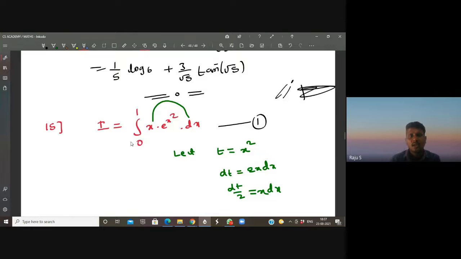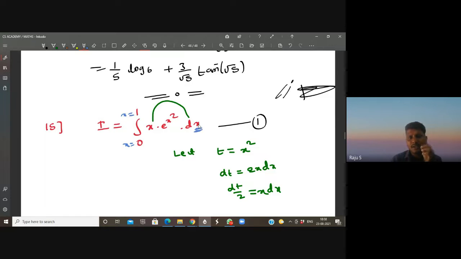Then limits. See here, these limits belong to which variable? The limits belong to whatever the variable is given. Like if they given dx, limits belong to x is equal to 0 to x is equal to 1. If they given dt, don't think about integrand. Integrand may be in terms of t, z, y, x, like that.